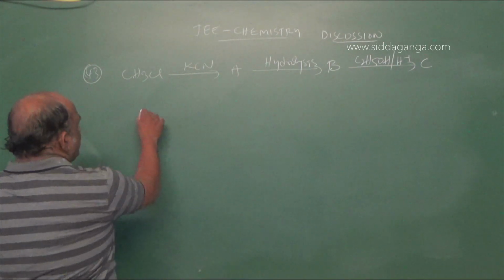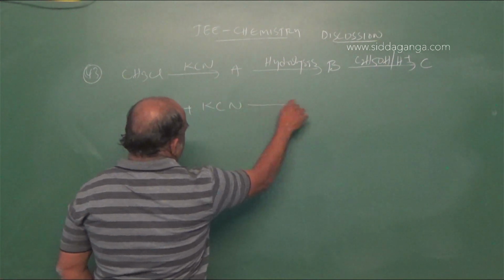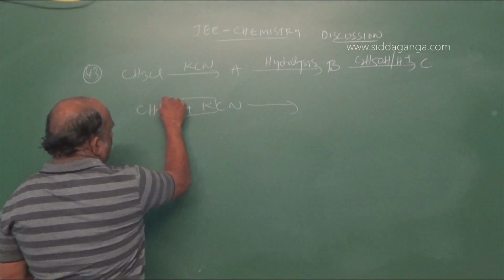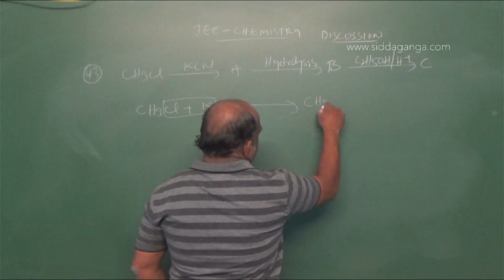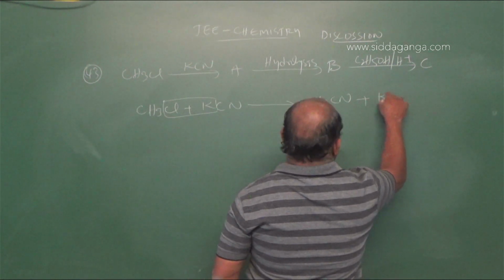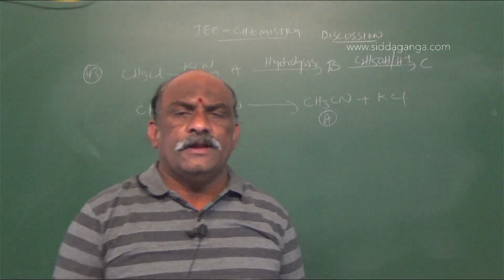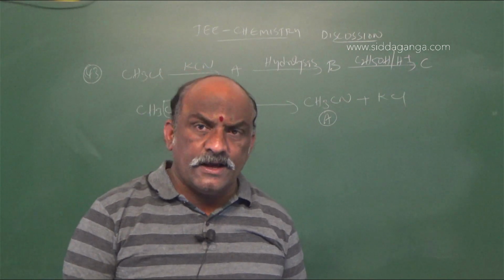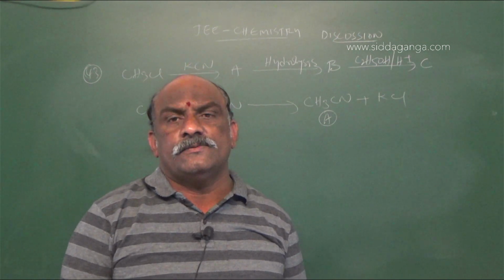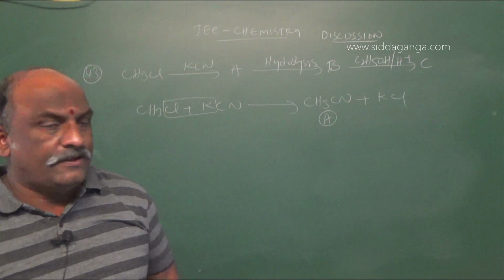So number 1: CH3Cl plus KCN gives CH3CN, this is A, plus KCl. A haloalkane reacting with potassium cyanide gives rise to a cyanoalkane, methyl cyanide.